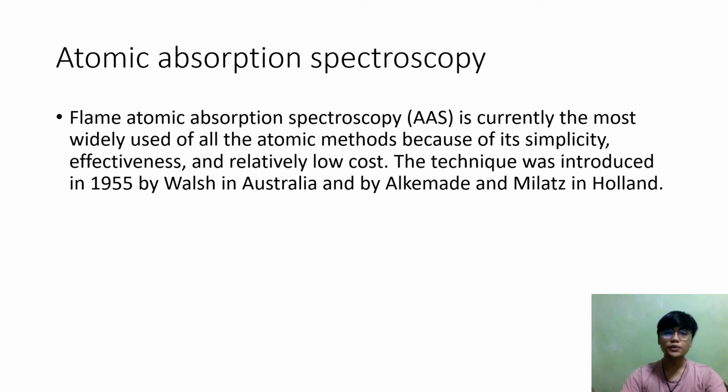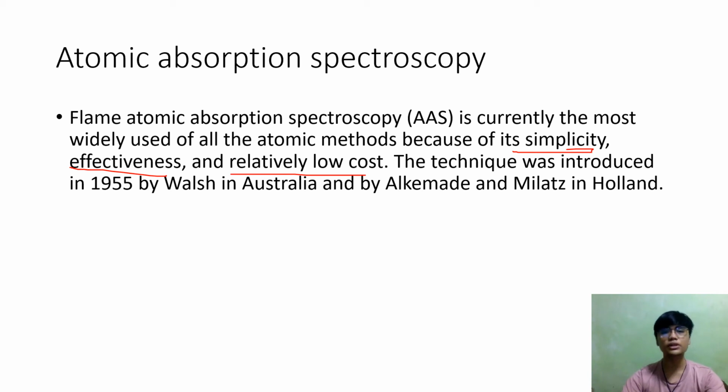Flame atomic absorption spectroscopy is currently the most widely used of all atomic methods because of its simplicity, effectiveness, and relatively low cost. The technique was introduced in 1955 by Walsh in Australia and by Alkemade and Milatz in Holland.